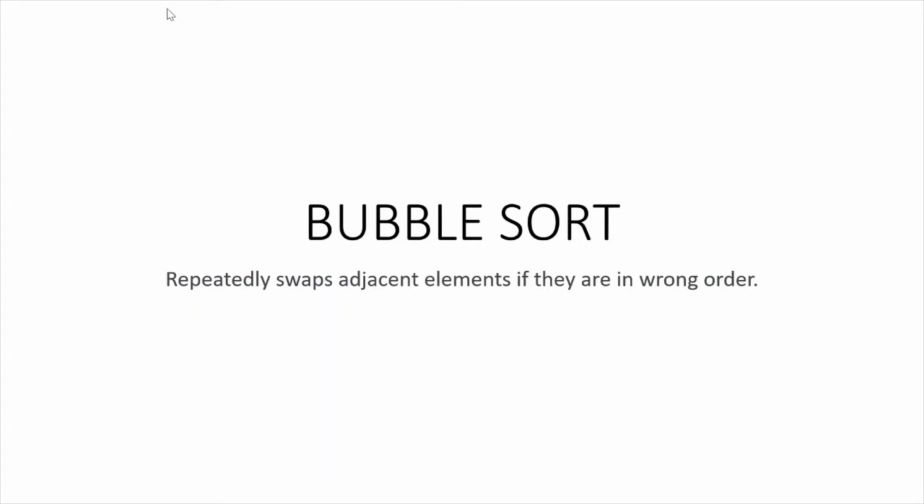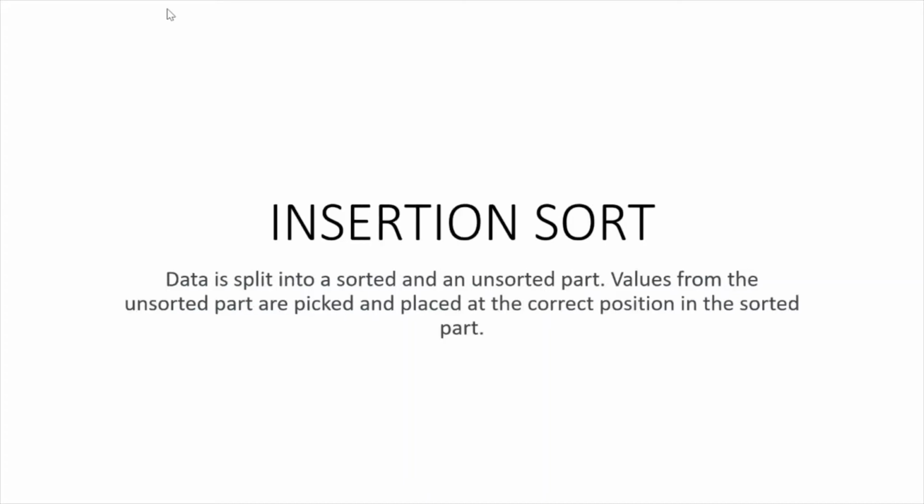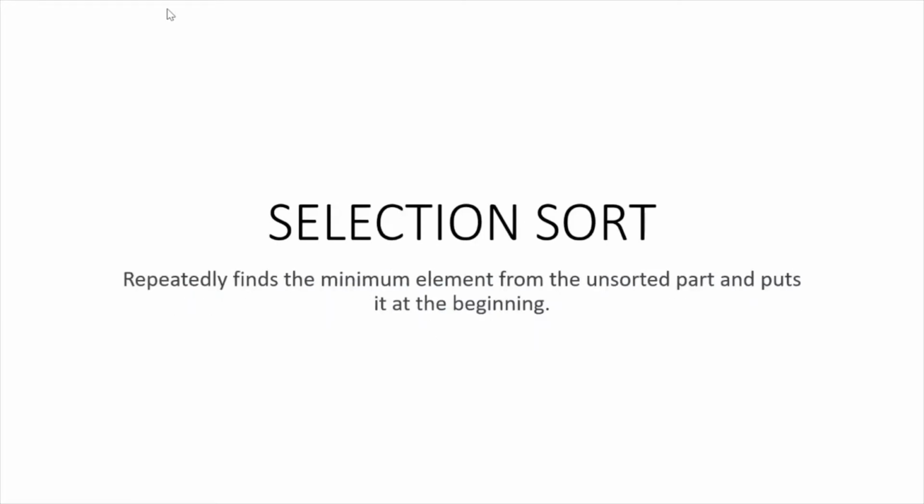So the bubble sort repeatedly swaps adjacent elements if they're in the wrong order. Insertion sort has data split into a sorted and unsorted part, and values from the unsorted part are picked and placed at the correct position in the sorted part. And the selection sort repeatedly finds the minimum element from the unsorted part and puts it at the beginning.